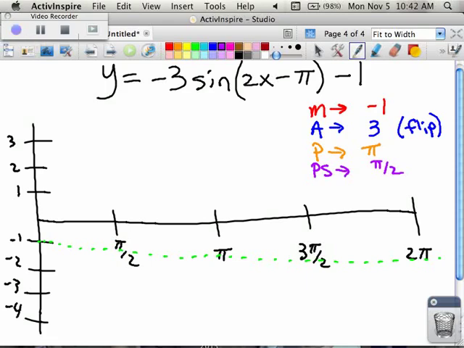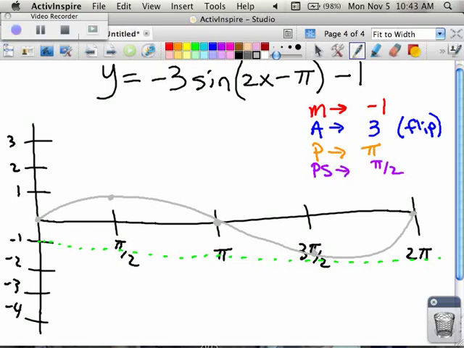transformation of what happened. Originally, if I were to graph this thing, my normal sine graph would have looked like this. You don't have to draw this, I just want to show you something. So this is what my sine graph looks like, and we've seen this a few times now. But in the red, my midline moved it down.